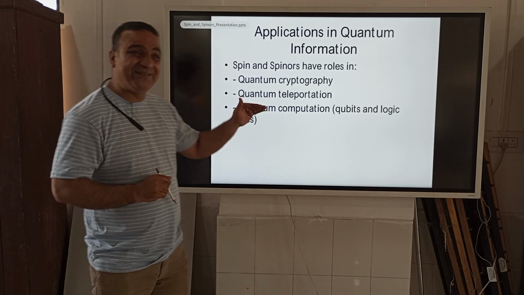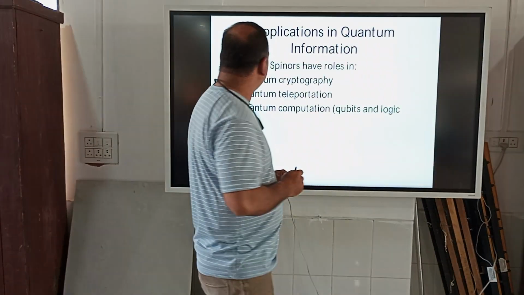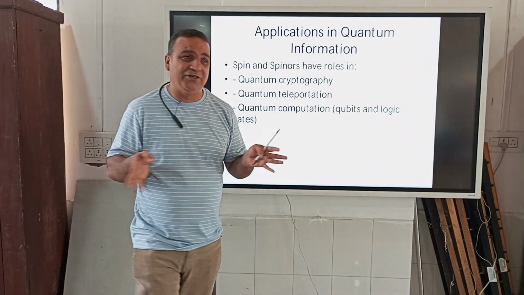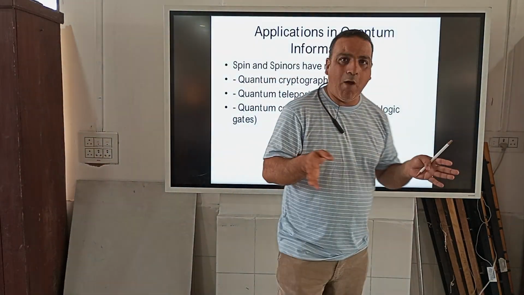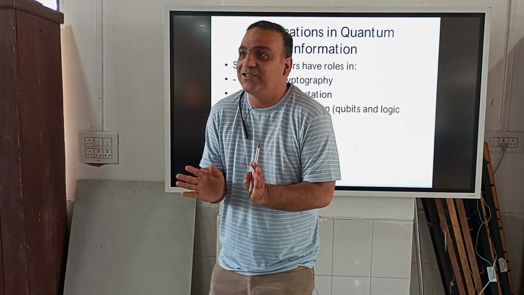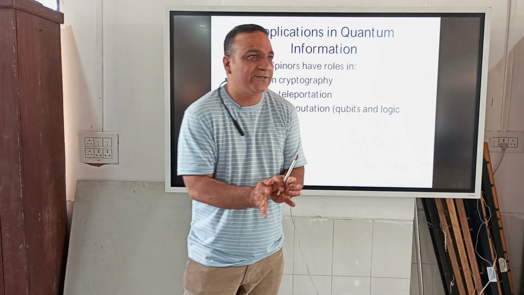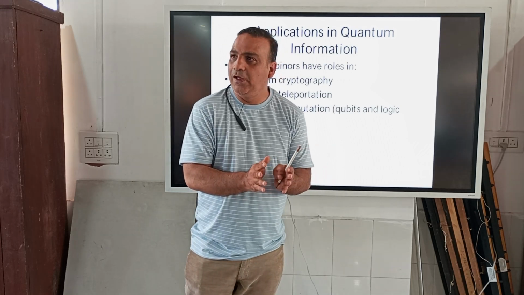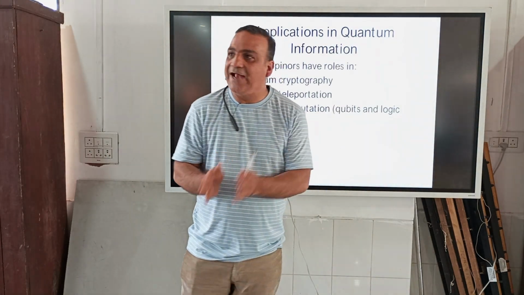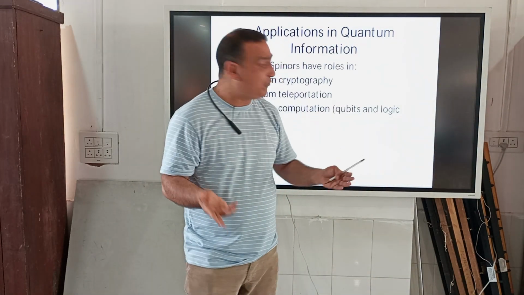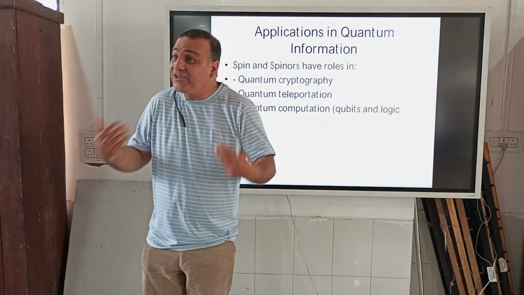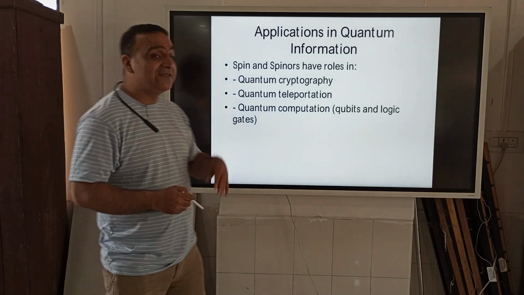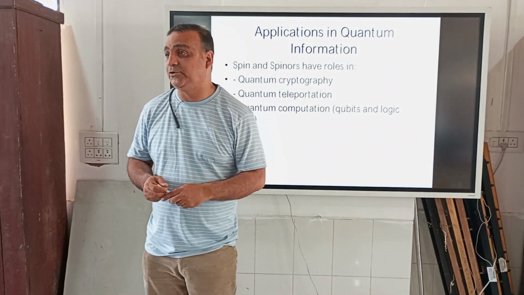And talking about its applications. Now you see, this quantum information, what we have to discuss is the spin, we have to discuss the spinors. We will talk about the Pauli matrices, and these Pauli matrices will act on your spinors, and you will have the transitions. But what are the actual applications of these things? The very first thing is quantum cryptography.